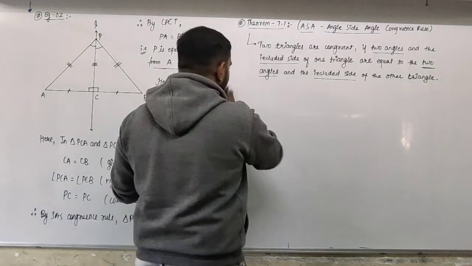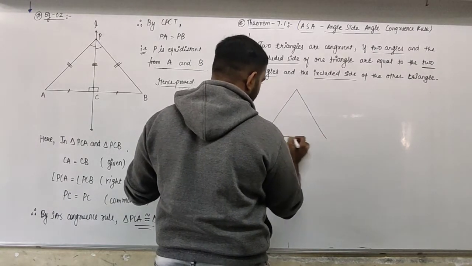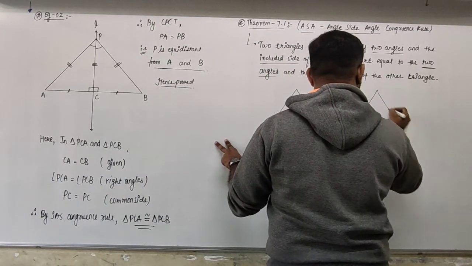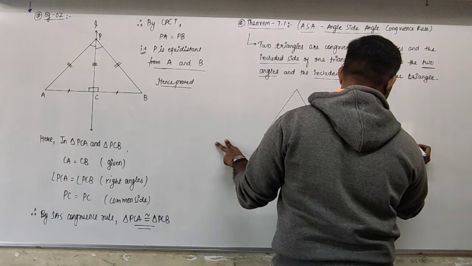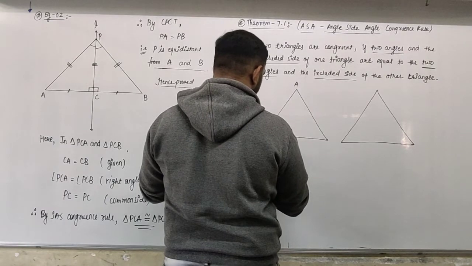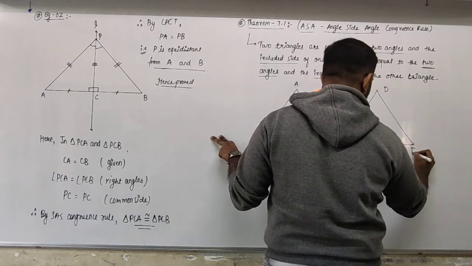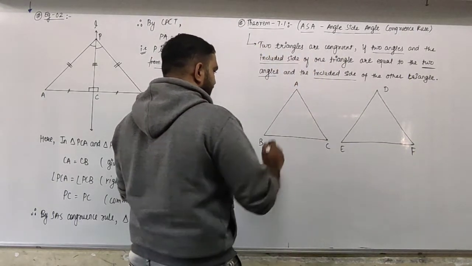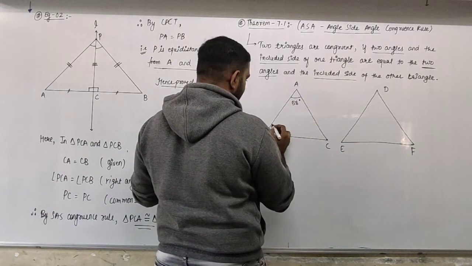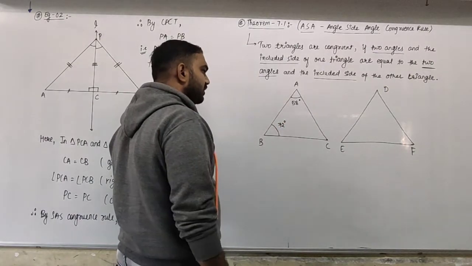For example, if I take two triangles here, these are two triangles ABC and DEF. If this angle is 58 degree and this angle is 72 degree, right?